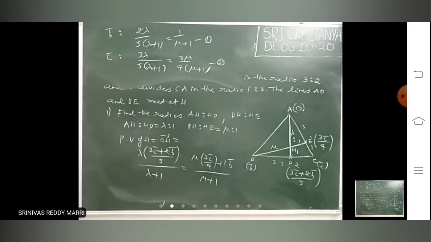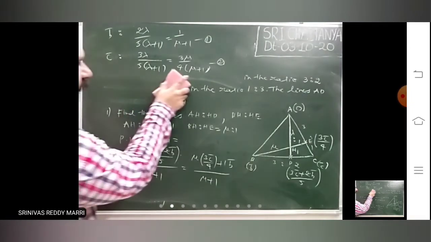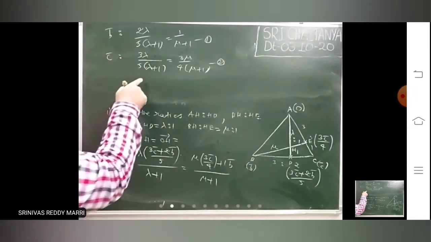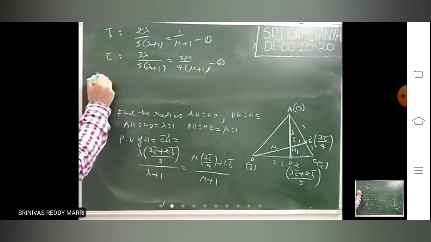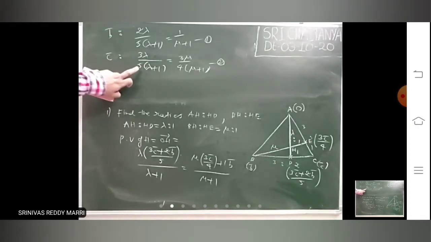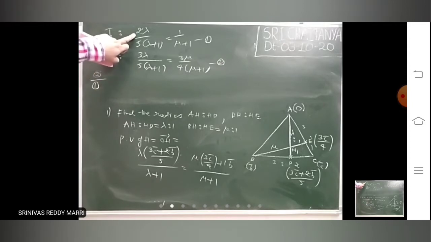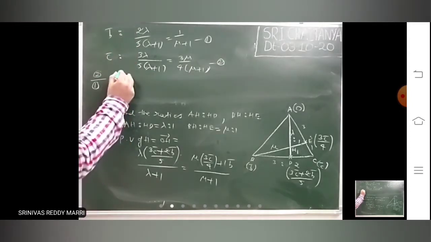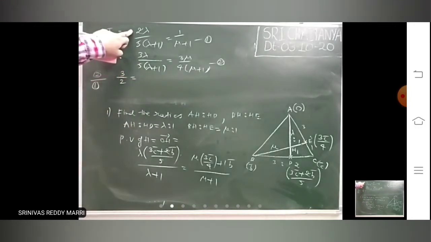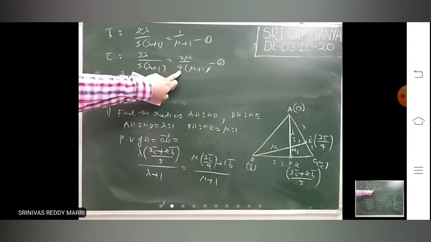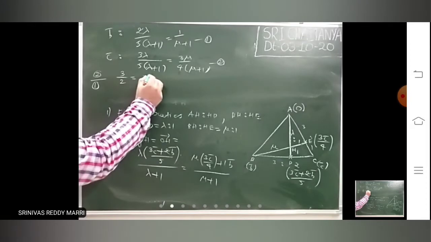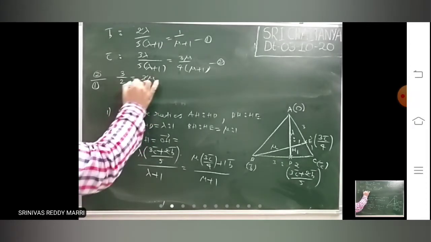From these two you can calculate the ratio, lambda. Lambda you have to calculate. What I am doing is dividing one equation by another. 2 divided by 1: the 5 into lambda plus 1 will get cancelled, and you will get 3 by 2. Dividing this by this, the 1 by mu plus 1 will get cancelled, and 3 mu by 4 remains.